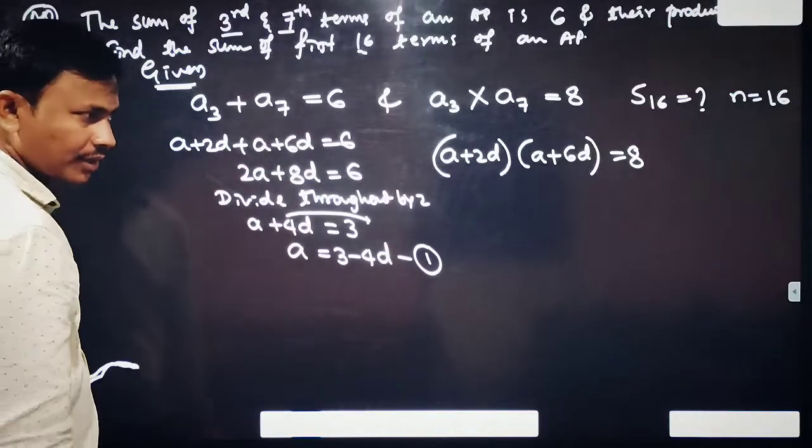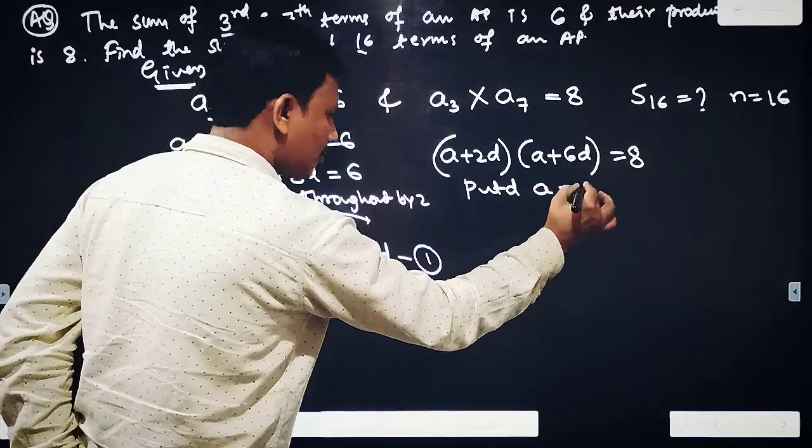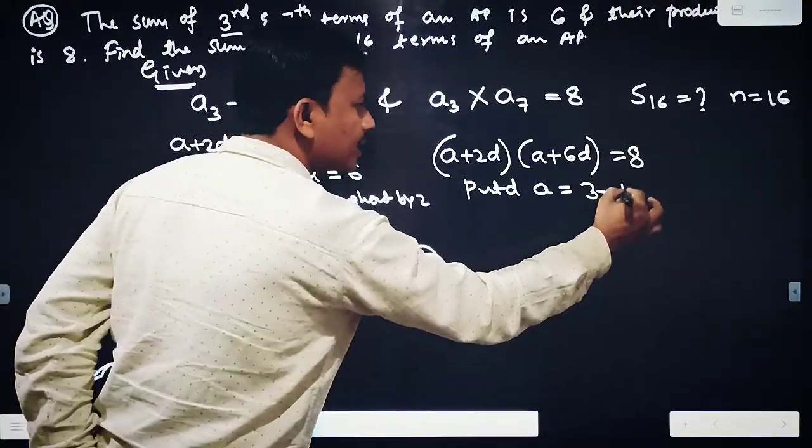Understood? Okay, put A is equal to 3 minus 4D.